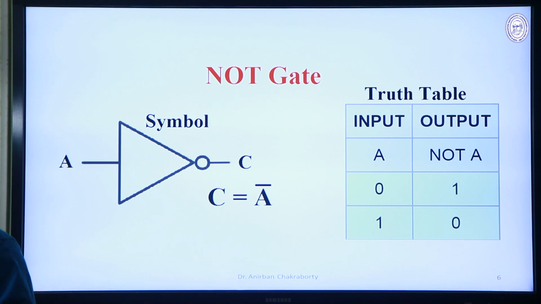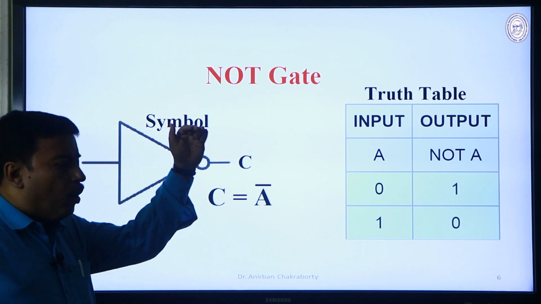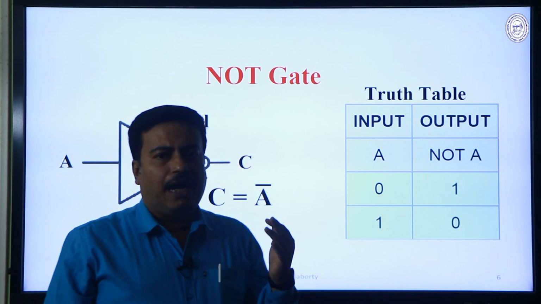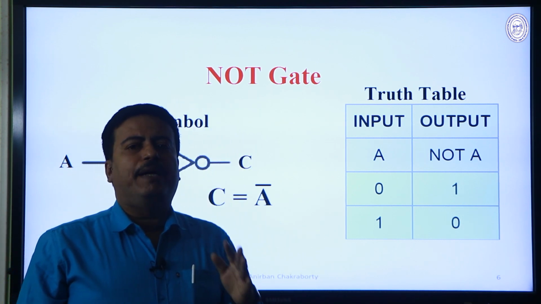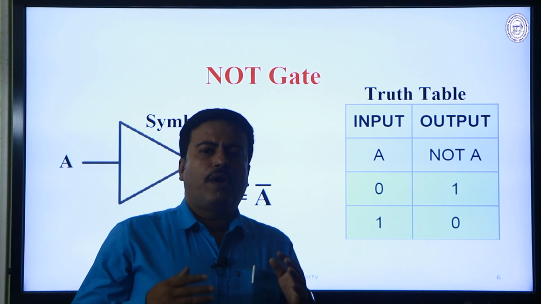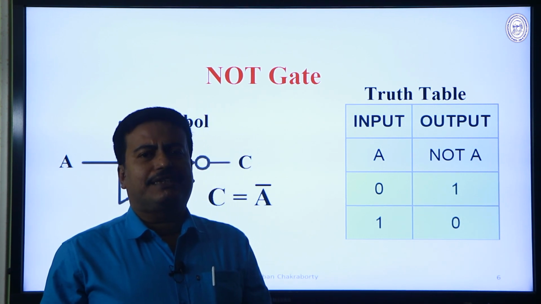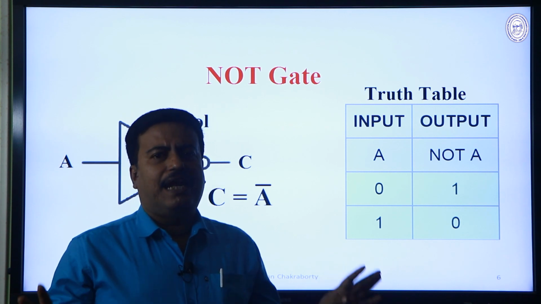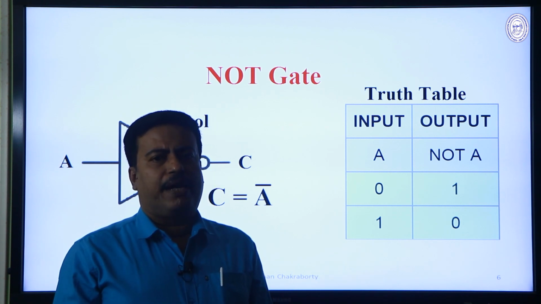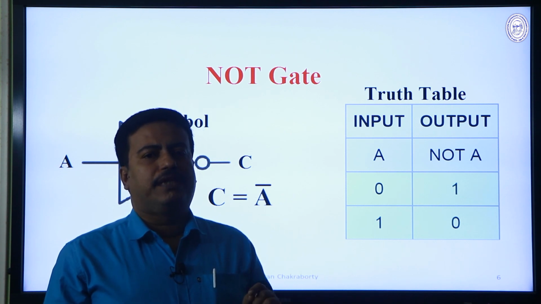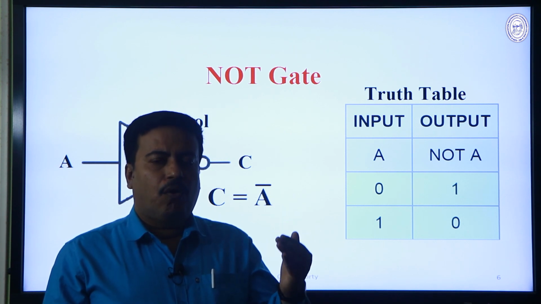I have told you that bar means the presence of a NOT gate. So the OR gate, AND gate and NOT gate, these three gates are known as basic gates. When you want to construct a digital circuit, however large it is, everything can be done using just these three gates: OR, AND or NOT.